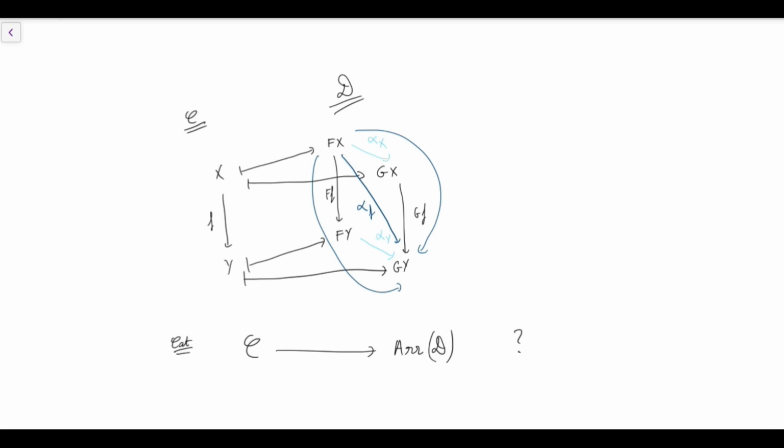arrow of D. So if we want to make precise this intuition, we can try to define the category arrow D more precisely. So we could give as objects the arrows of D, and in between two such objects we could define the arrows to be a pair of arrows.